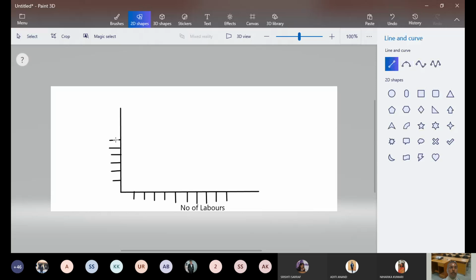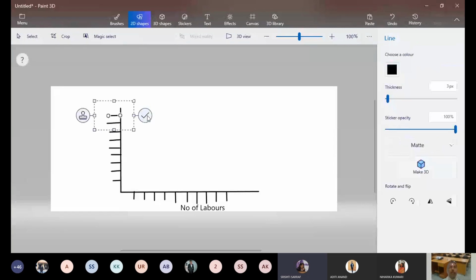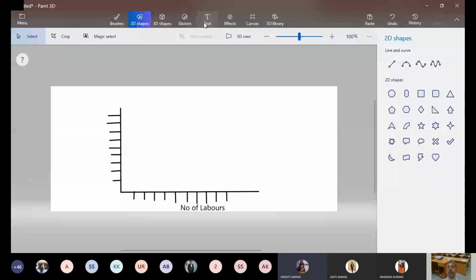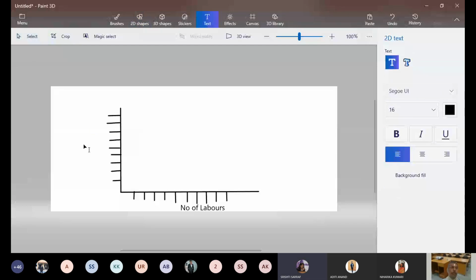Of course, most of you have been able to make it properly, but for those who are still puzzled, it will be helpful. They are all equidistant. And what do we have on the y-axis? Anyone? We had number of labors here. What do we have on the y-axis? Units produced. Okay, so we have here units produced.